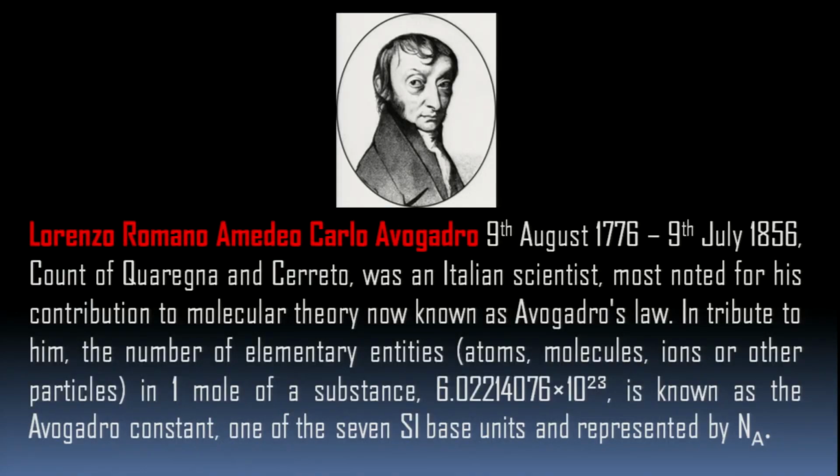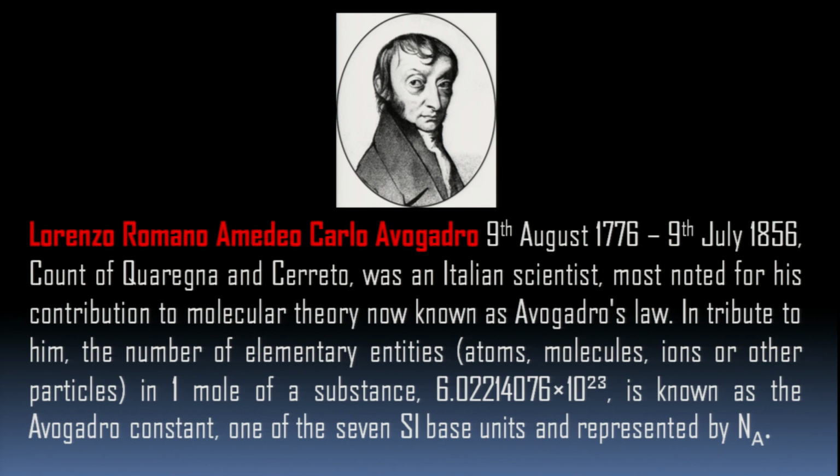Lorenzo Romano Amedeo Carlo Avogadro, born on 9th August 1776, and he lived up to 9th July 1856. Count of Quaregna and Cerreto, was an Italian scientist. He was a count and Italian scientist, a noble person, most noted for his contribution to the molecular theory, now known as Avogadro's law.